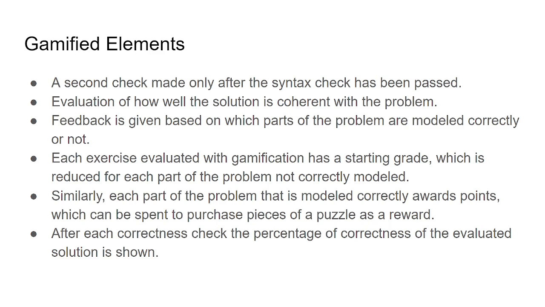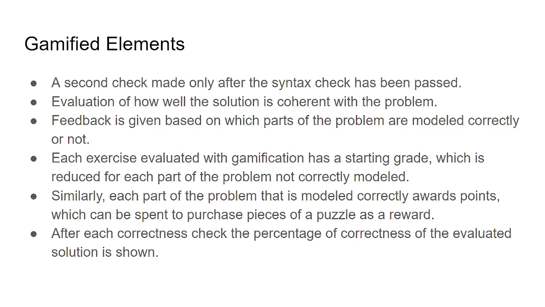Every exercise that is evaluated with gamification with this mechanic has a starting grade, which will be reduced by a penalty for each part of the problem you do not model correctly when you try to check the correctness of your problem.